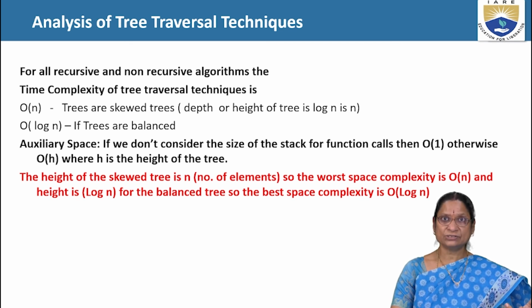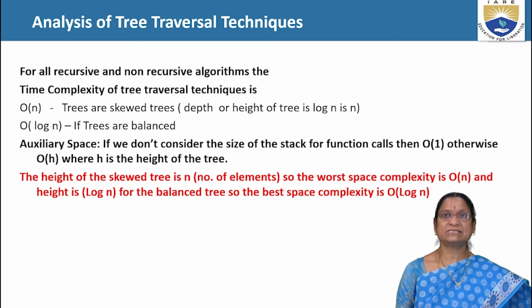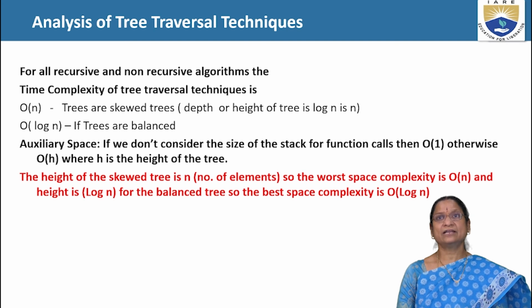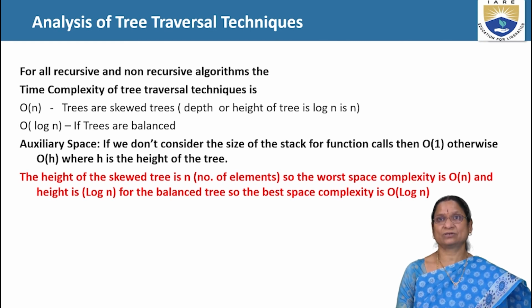So for skew trees, the time complexity will be order of n, and for balanced or average trees it is order of log n. So the time complexity of tree traversal techniques is order of log n for best and average cases, and almost order of n for the worst case. The worst case occurs if the trees are skew trees.